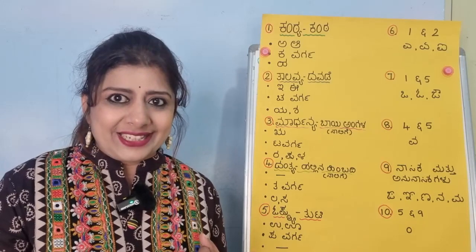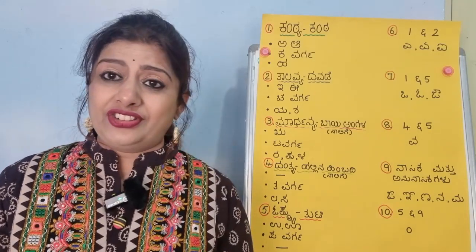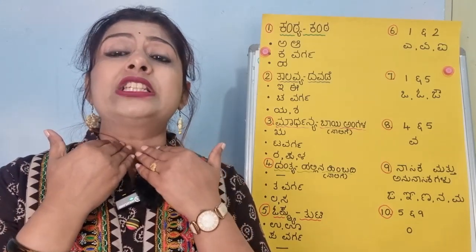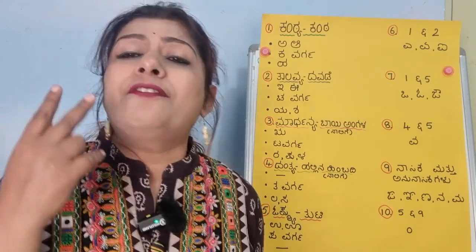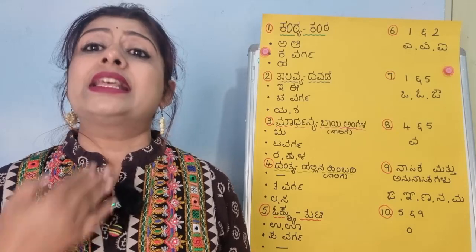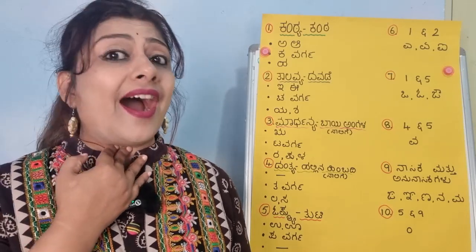From the first place, Kantha, come the first two swaras, A and Aa.